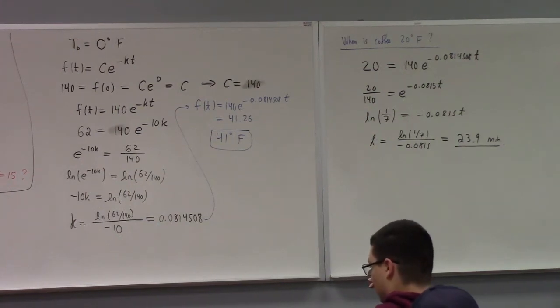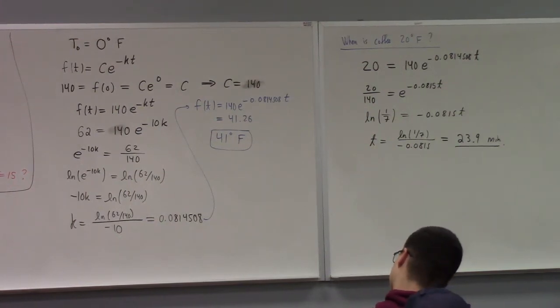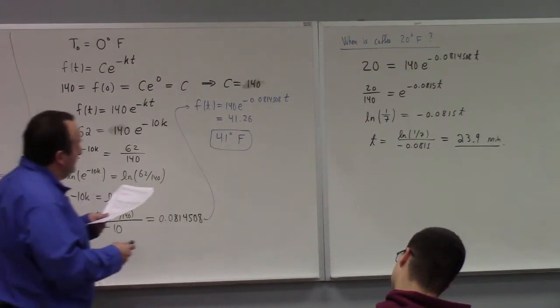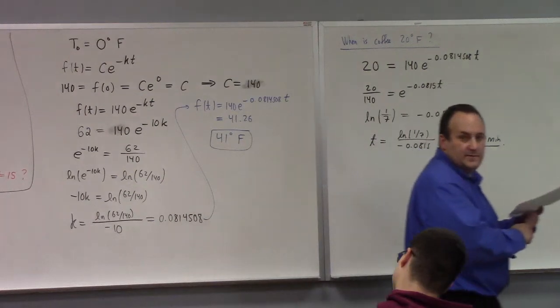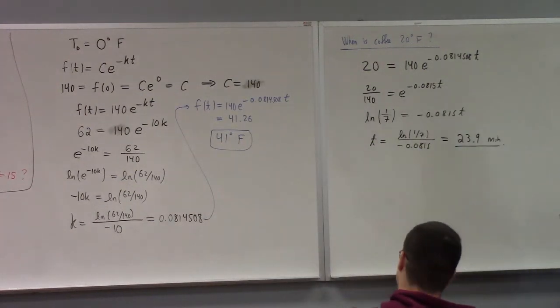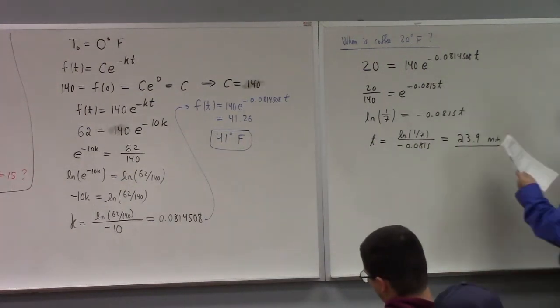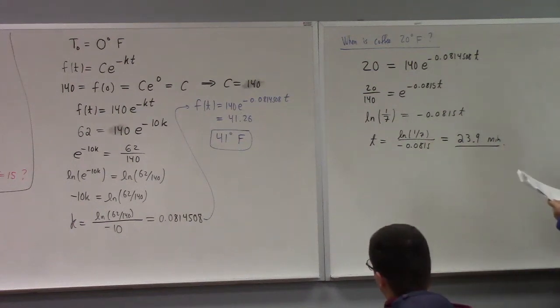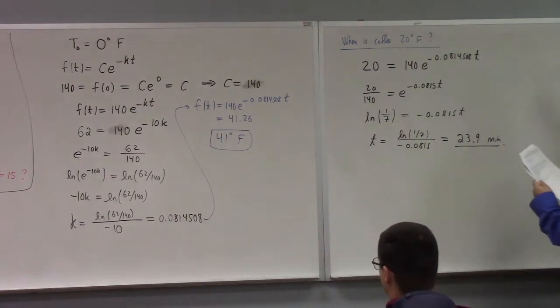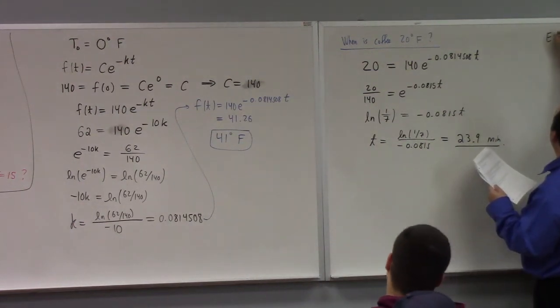All right, moving on here. What's next? Money. Example 4. You've got an investment.